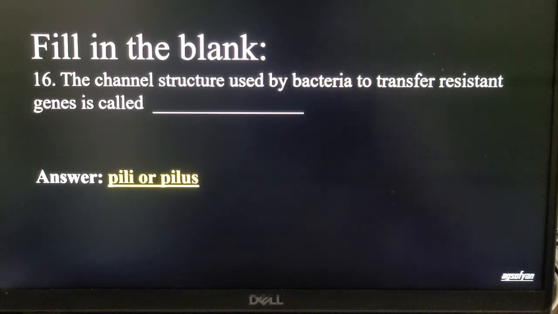So the channel structure is called pili or pilus. The attachment structure is called fimbriae. The motility structure is called flagella or axial filament. The glycocalyx is called capsule or slime layer. Make sure these are the outer structures of a bacterial or prokaryotic cell.